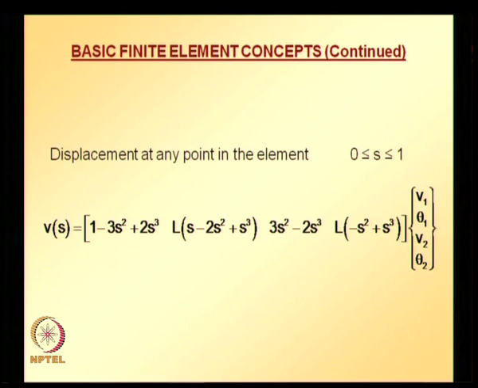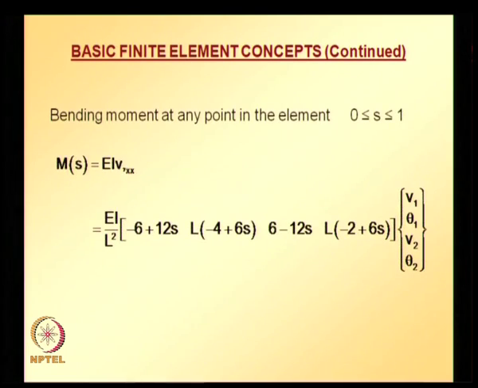Similarly, for bending moment at any point in the element, once we calculate V1 theta 1, V2 theta 2, we can use this relation: bending moment is nothing but EI times the second derivative of V with respect to x.